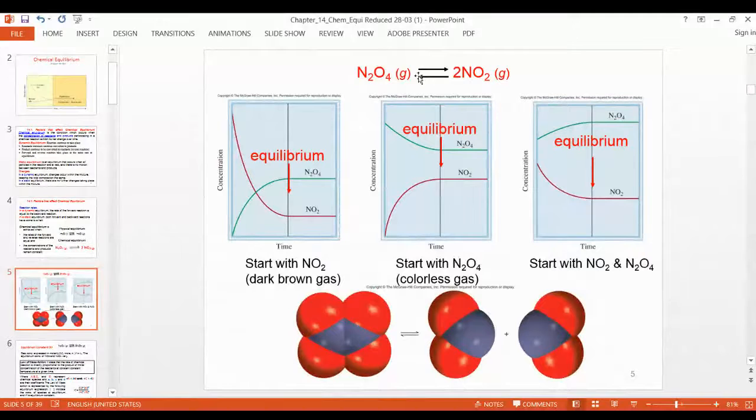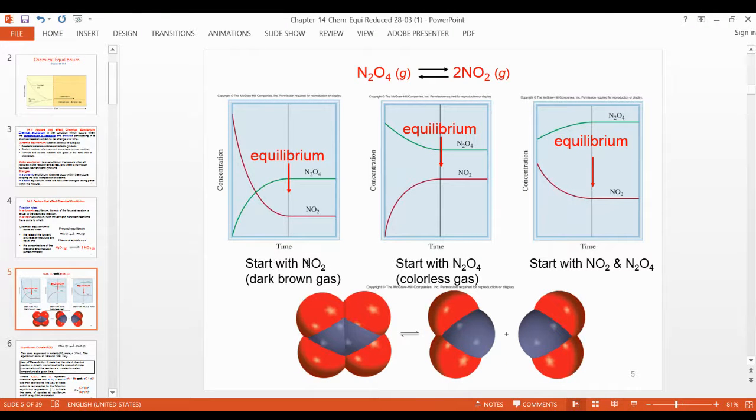This is designated by the graph. Here N2O4 is the formed product and the reactant is changed, NO2 is changed, reverse reaction, right? This is the reverse reaction. Here the product is NO2 and reactant N2O4. So this is the product N2O4, now showing here the reactant is reduced and the product is going to increase, NO2.